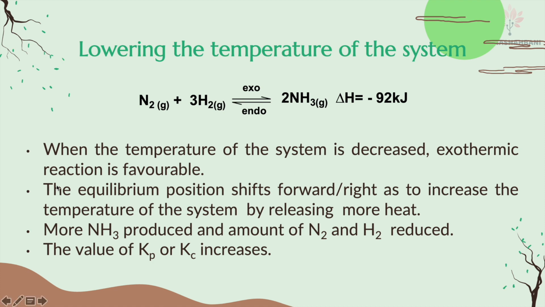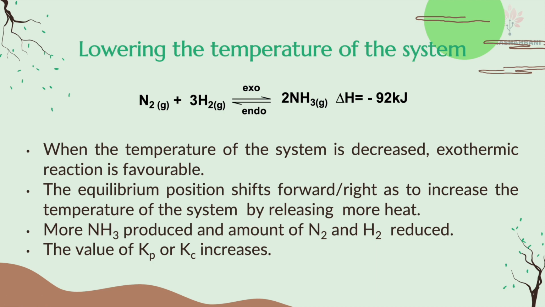Next, the disturbance is lowering the temperature. Look at the delta H. Delta H negative means the forward reaction is exo. Our disturbance is temperature decrease. If the temperature decreases, you need more heat to make it balance again.